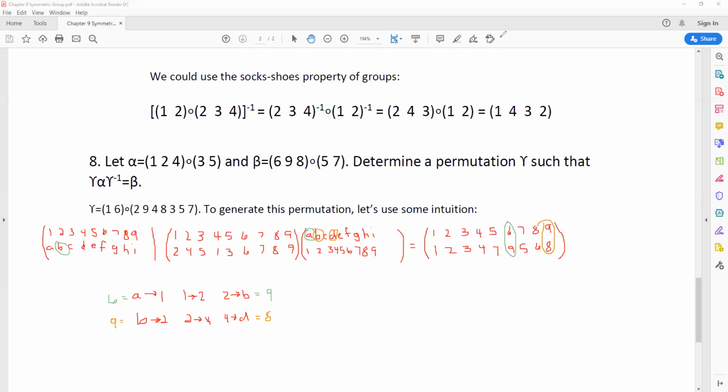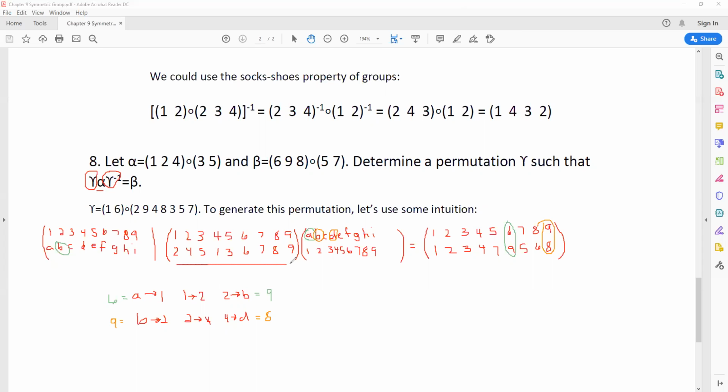And to figure that out, I used the following intuition. I knew that I was working with 2 inverse permutations, gamma and gamma inverse, and I knew that alpha had to be in the middle.